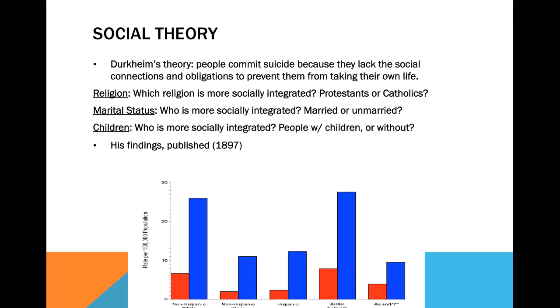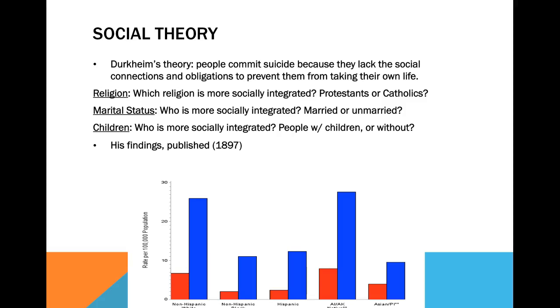As a matter of fact, in 2003, they had their first openly gay bishop. So it shows you that when it comes to these religions, there are all these disagreements and different interpretations that you can have. In the Catholic Church, it doesn't matter where you are in the world, they're all the same. They all have the same rules. That is why the Catholic religion is a little bit more socially integrated.